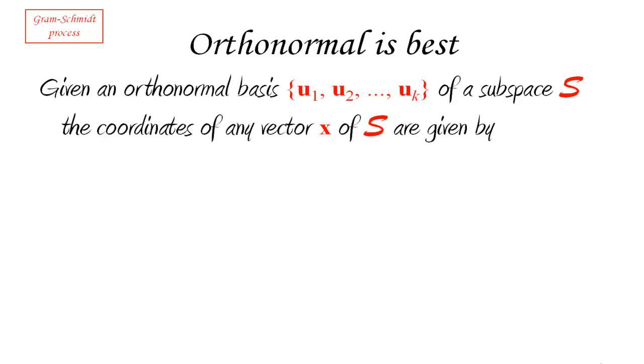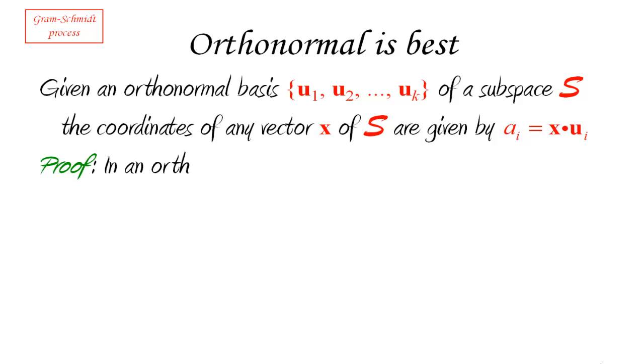Then the coordinates of any vector x of S in this given basis are given simply by ai equals x dot ui. So there we have an even simpler formula. And that's one other reason why these orthonormal bases are very good. It's very easy to find these coordinates, so it's very easy to figure out how to obtain each vector as a linear combination of the basis vectors.